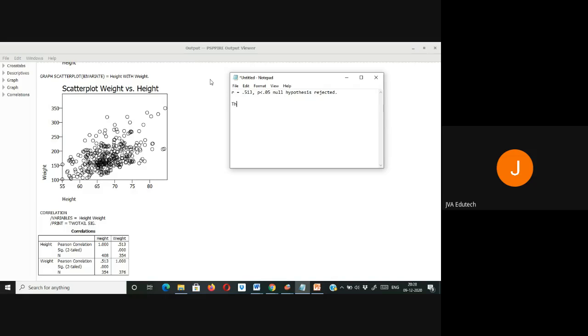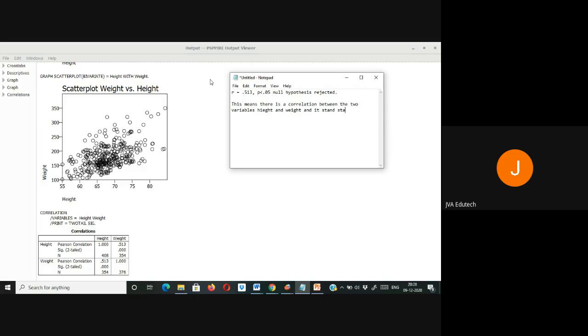This means there is a correlation between the two variables, height and weight. There might be a correlation, but if it is not statistically significant, it's of no use.